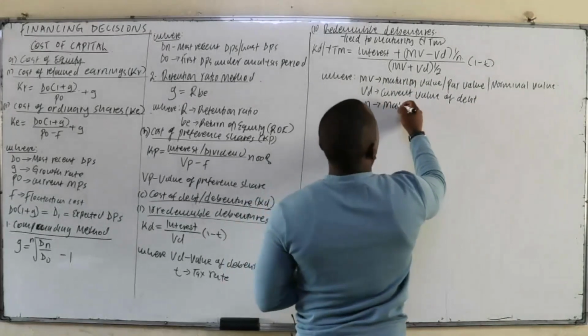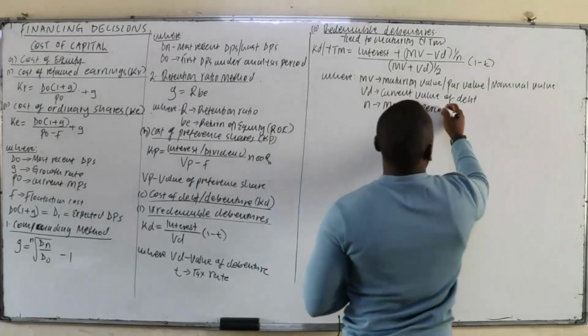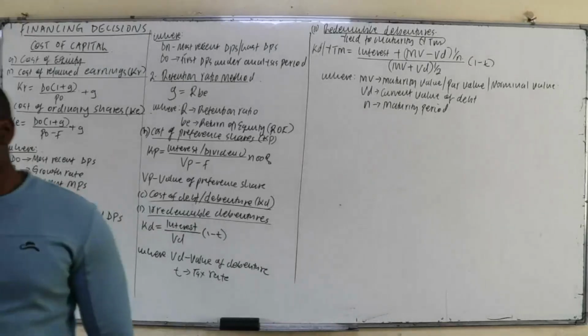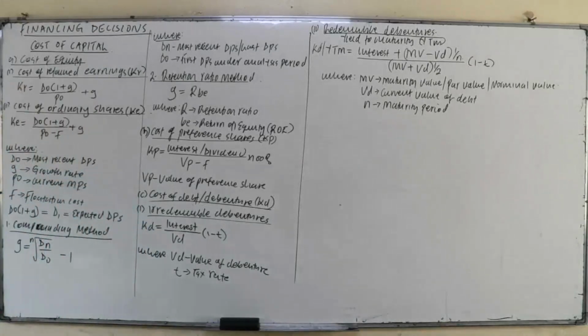N is the maturity period. They are not powers.